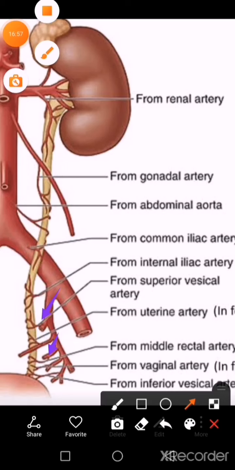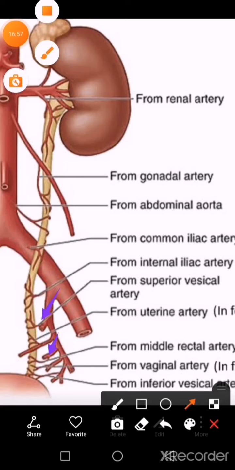First of all, you can see the obturator artery, and you can also see the obturator nerve right next to it. Obviously this is what you would call a lateral relation because this is medial and this over here is lateral, and this is the ureter.